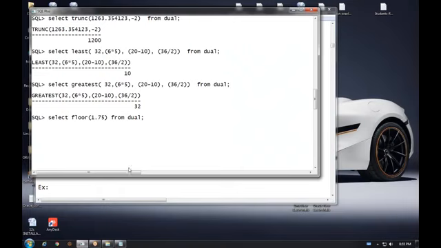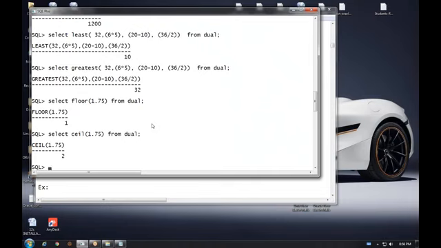From all these below values, it will display the highest value, that is 1. If I apply ceil, then it will display 2. So ceil is the least integer above or equal to the given value. Floor means the highest integer below or equal to the given value. This is about floor and ceil.